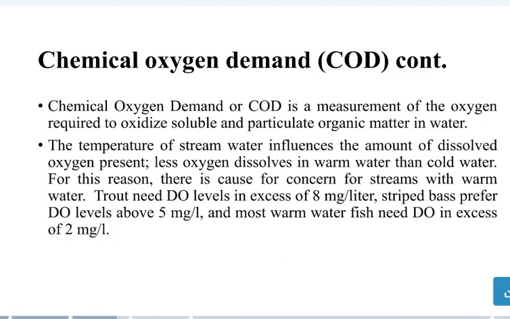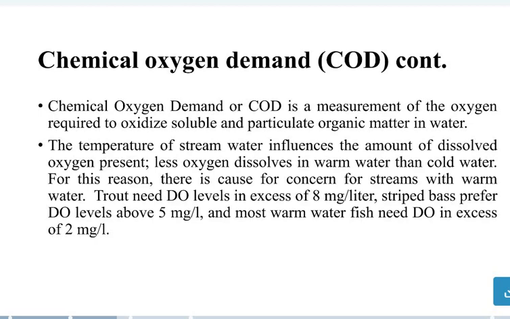Now, chemical oxygen demand or COD is a measurement of oxygen required to oxidize soluble and particulate organic matter in water. The temperature of stream water influences the amount of dissolved oxygen present. Less oxygen dissolves in warm water than cold water.